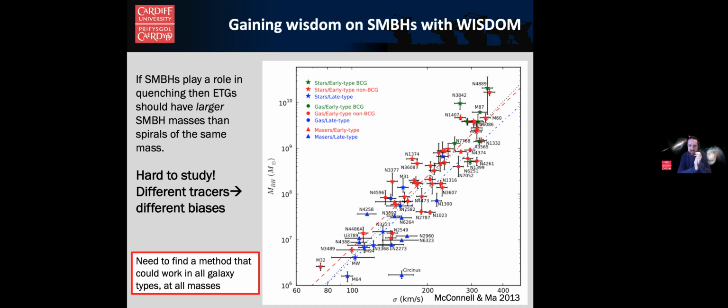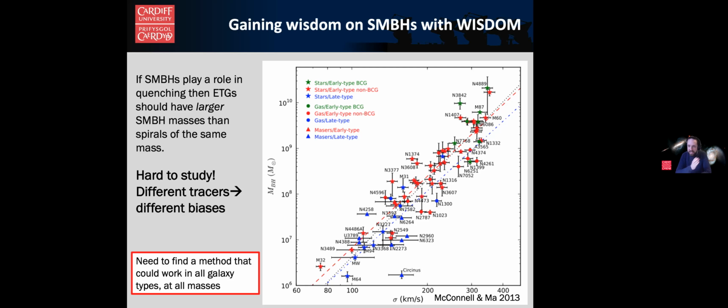And this is shown very nicely here by this paper from 2013 by McConnell and Ma, where the different points are all dynamically measured supermassive black hole masses plotted against the velocity dispersion of their host galaxy. And the little symbols, the stars, are measurements that have been made using stellar kinematics. So we saw a bit of that in Anil's talk.